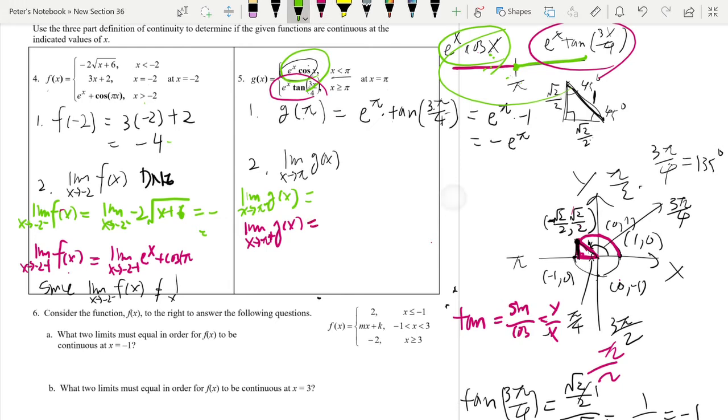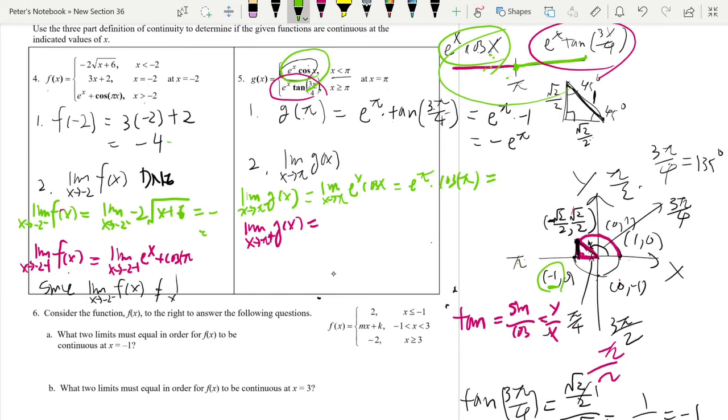Here, the limit of e to the x times cosine of x as x goes to pi should be e to the pi times cosine of pi. And what is cosine of pi? Pi is 180 degrees, and that's negative 1.